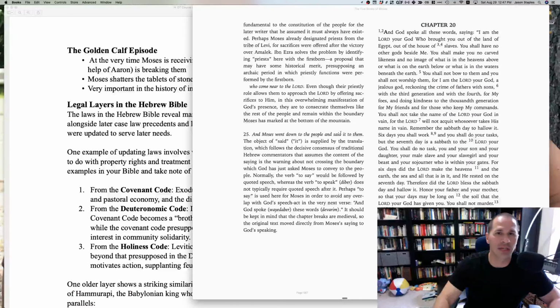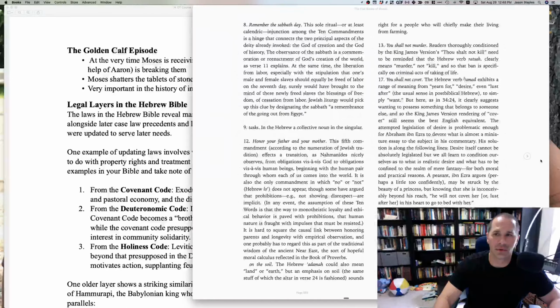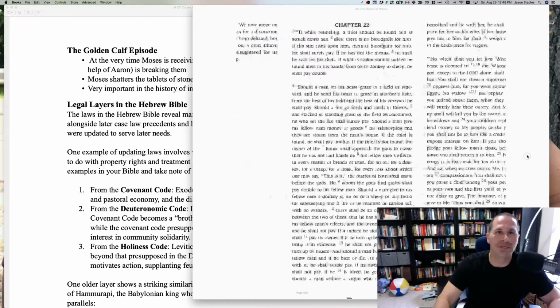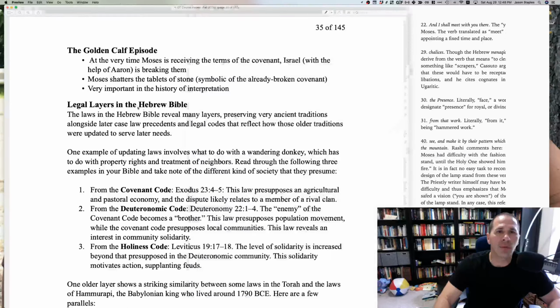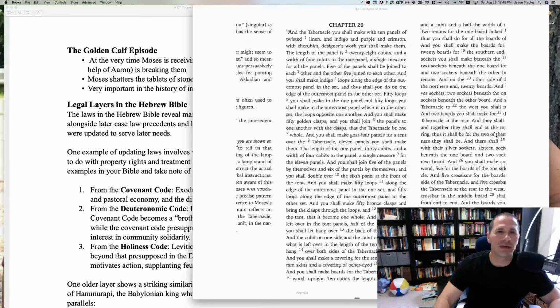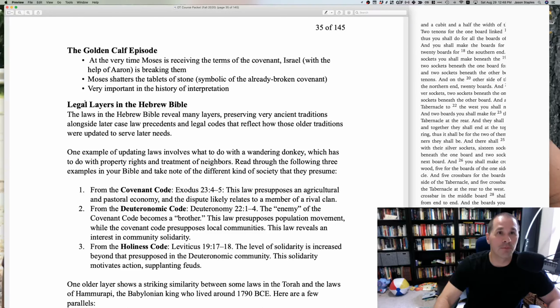This is sort of the watershed moment in the Torah where Moses is up on the mountain receiving all of these instructions, and at that very moment when he's receiving the covenant, Israel, with the help of Aaron, is breaking the very first command, I am Adonai your God, you will have no other gods before me. And then the second thing along with that, you will not make a graven image. What do they do? They make graven images and declare that those are Adonai, or that is Adonai, actually. That golden calf is Adonai.